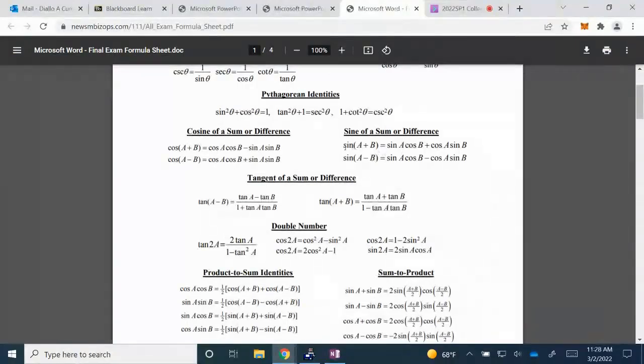The sine of A plus B is the sine of A times the cosine of B plus the cosine of A times the sine of B. Now, in this course, you're not required to memorize the formulas. You only need to know how and when to use the formulas. So I'm simply going to rewrite this formula right above our given problem.